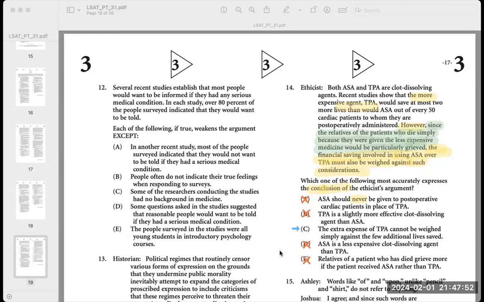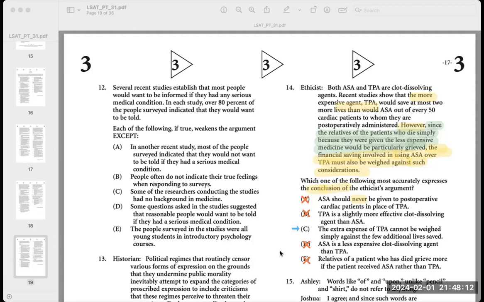I'm not sure that E is technically correct, because it's more that it's the ones who are grieving, and those patients could have or would have survived if they'd been given TPA.